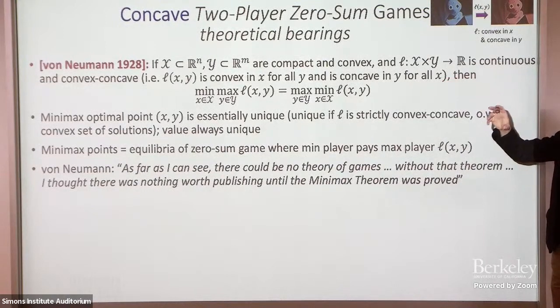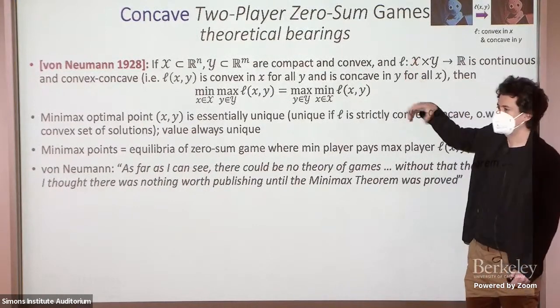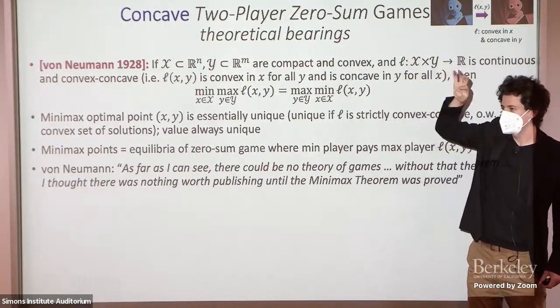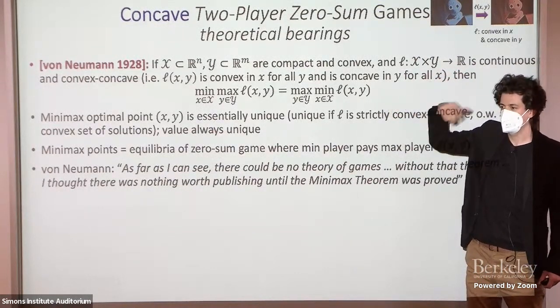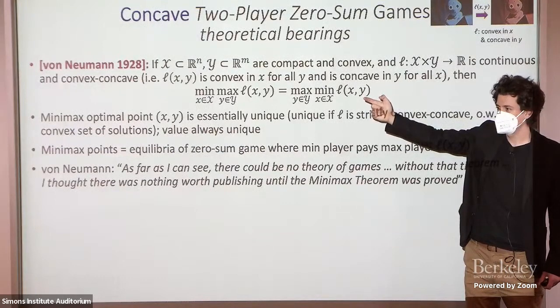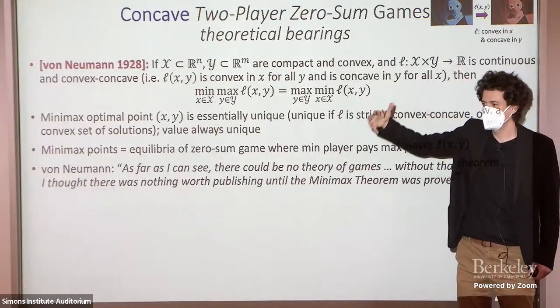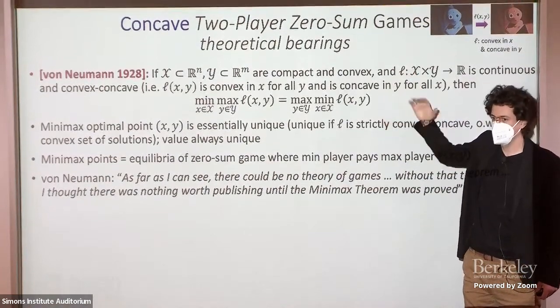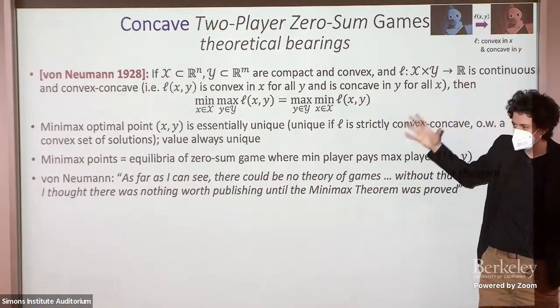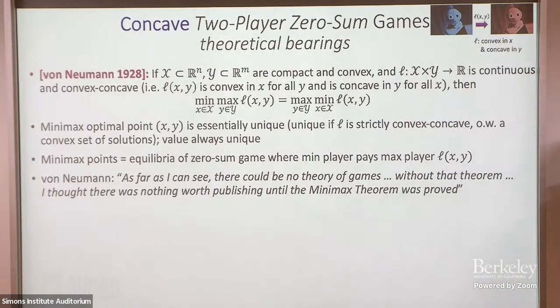So he was looking at games with 4 pure actions per player, and he was considering sets that are simplices over those 4 or 5 actions per player, and he established this theorem. He conjectured that the theorem is not true if players have more than 4 or 5 actions. So von Neumann disproved that conjecture, showing that this theorem is true generally.